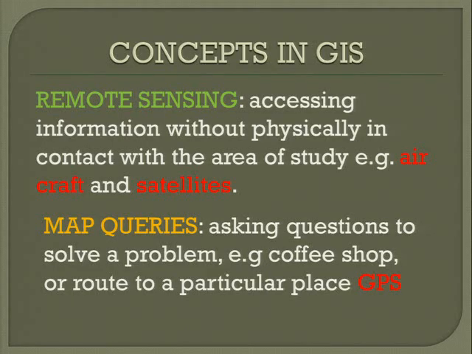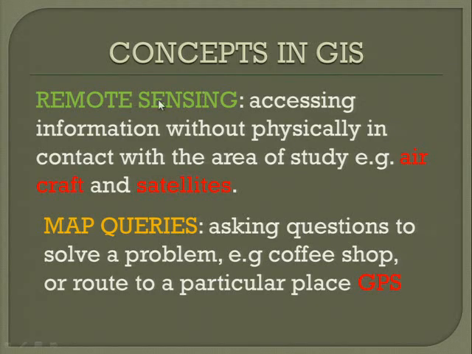Under GIS, we are having very important concepts that you must be familiar with. Amongst them, you've got remote sensing. Then when we define remote sensing, we say this is where you access information without any physical contact with the area of study. An example of remote sensing, it can either be your aircraft or your satellite.